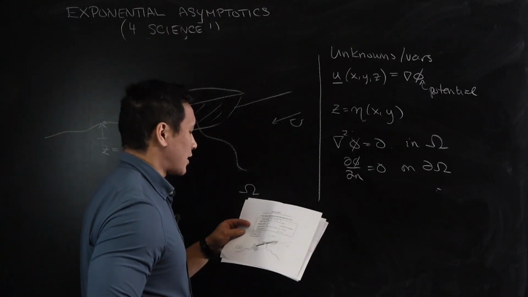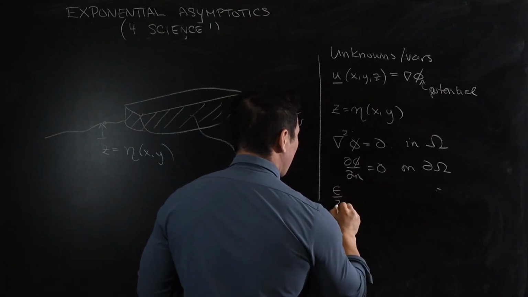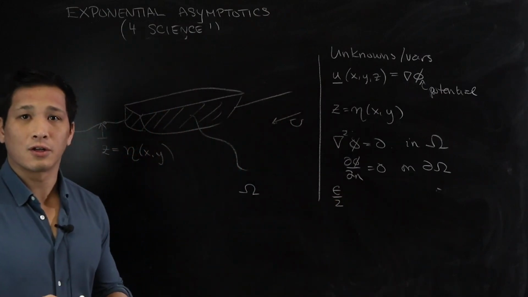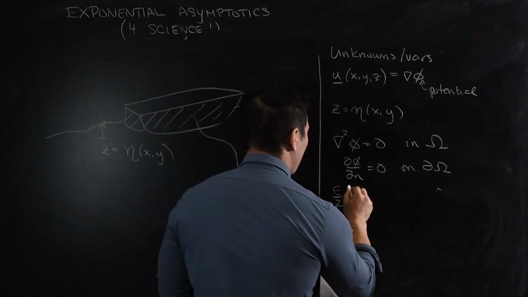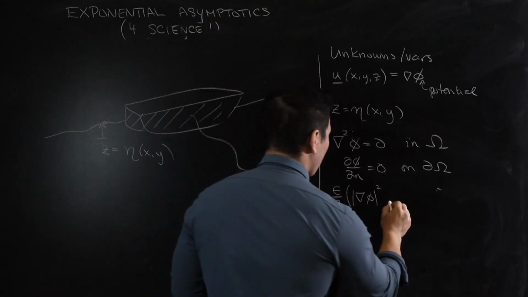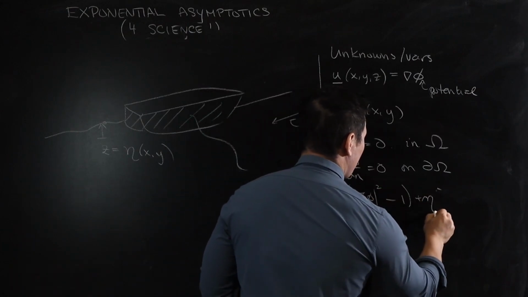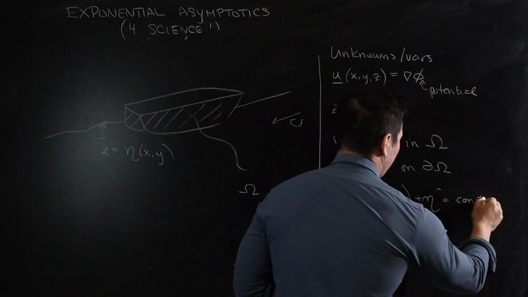Then you also have what's known as Bernoulli's equation. It's an equation that expresses a balance of inertial and gravitational forces. You have gravity waves in this problem, and it looks something like this. The details are not too important for you, as long as you know that you have some kind of equation that you need to satisfy.